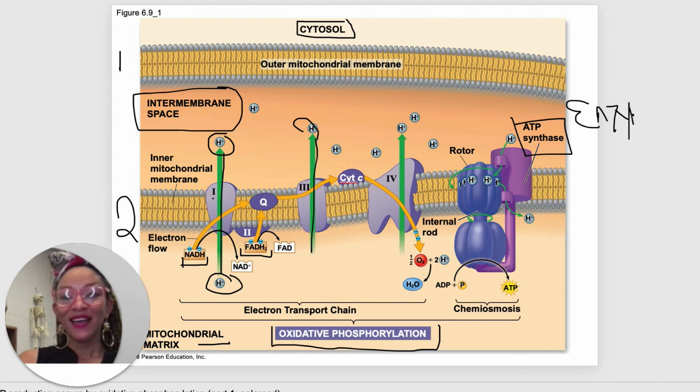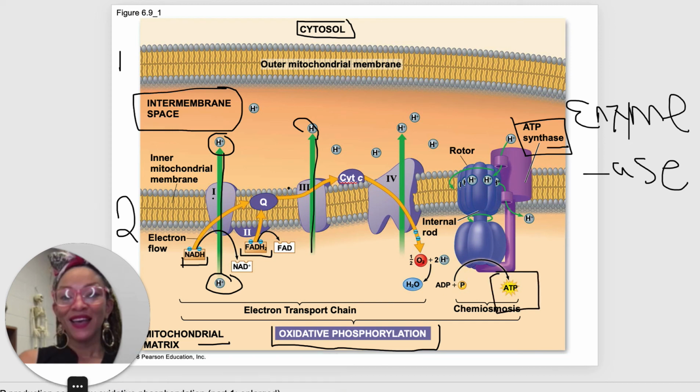Anytime you see, let me write this out, anytime you see a word ending in ASE referring to the body, so ASE, our root, that means it is an enzyme, and enzymes are made out of proteins. So this enzyme is there to kind of pump these protons back down their concentration gradient. And as that pumping occurs, it actually makes ATP, okay?